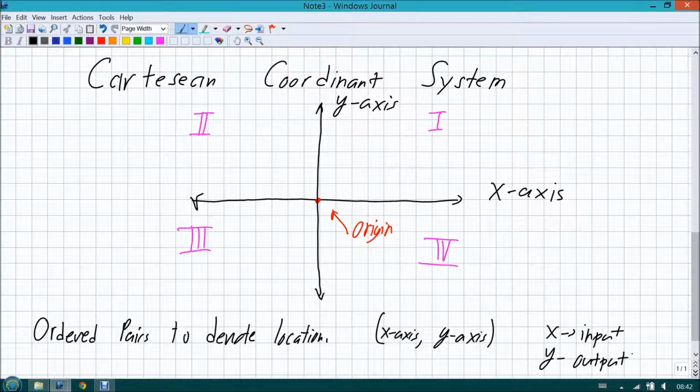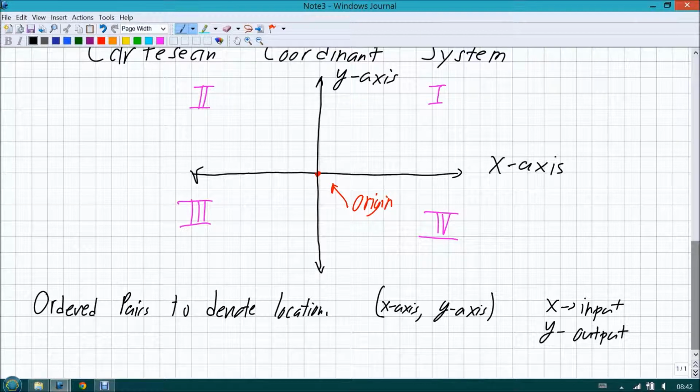So if I was given the coordinate point 3, 2, I would know that the 3 tells me where on the x-axis I'm going. So I would go to the right 1, 2, 3 spots. So I know it's going to be somewhere on this vertical line at 3. I don't know where yet, but I know that it's going to be somewhere in that area.